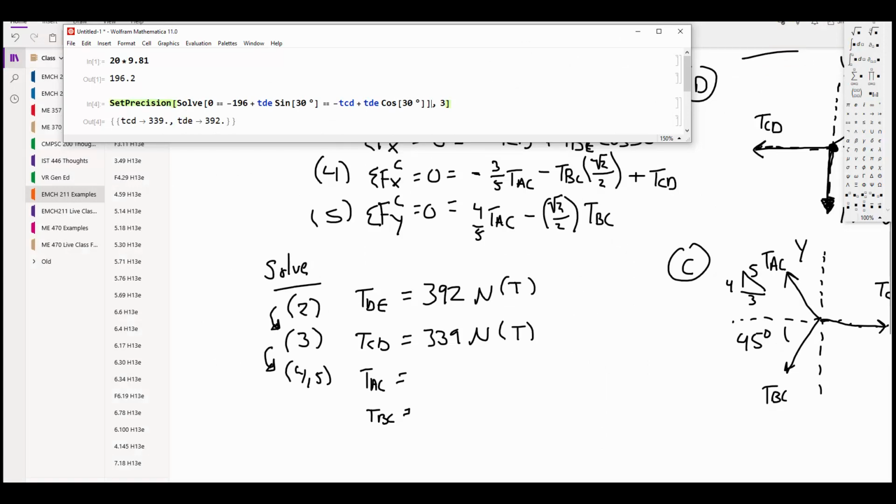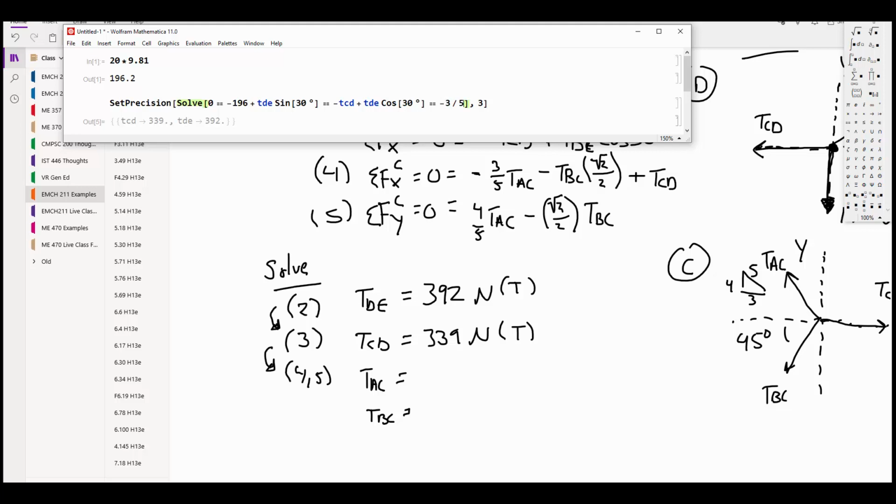All right, so I'll throw these into Mathematica. Now you see I already did use Mathematica to solve for TCD and TDE, even though I could have easily done that by hand. But what I need to put in here is my equations. So I did it this way. I said 0 equals my equation 1, equation 2, well, actually that's 2 and 3, and I can add 4 and 5. There's different ways I could be setting this up, but I'll do it this quicker way here.